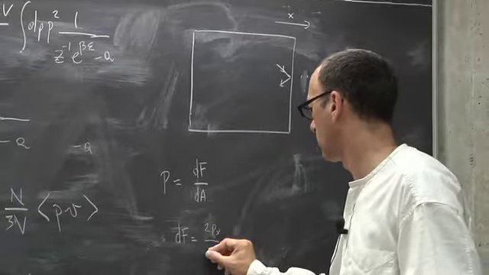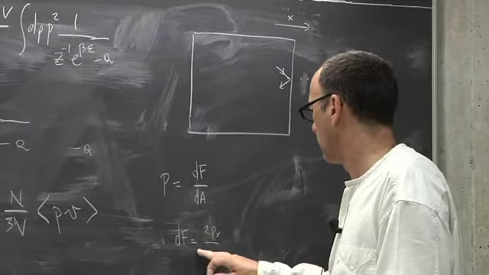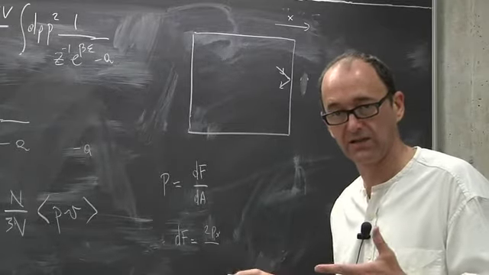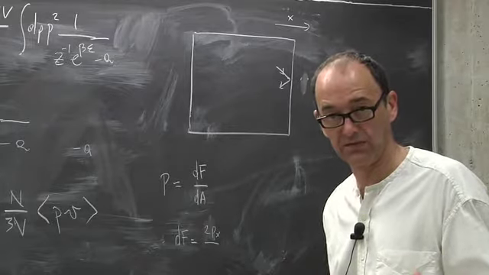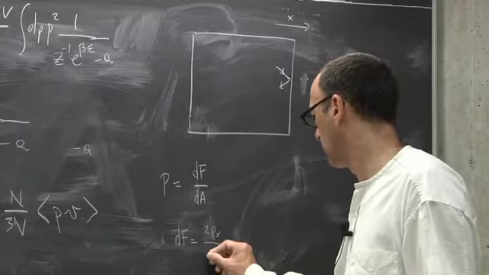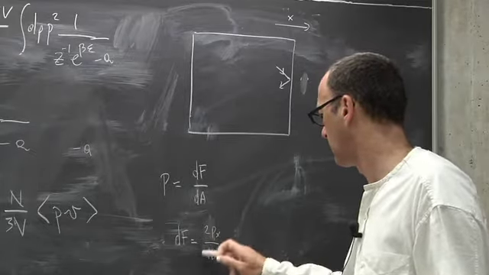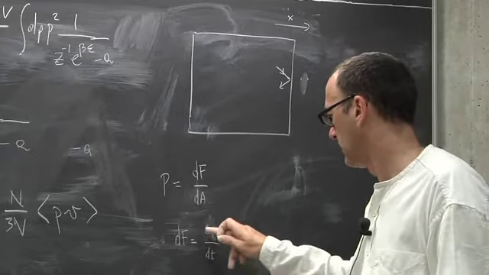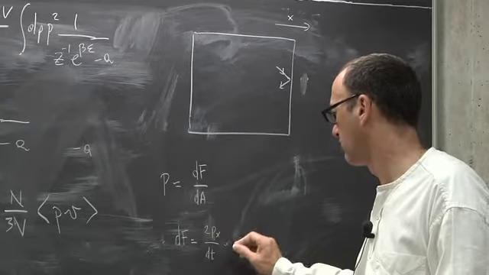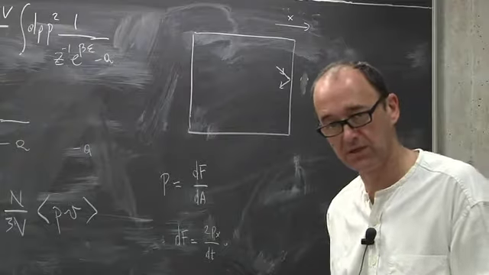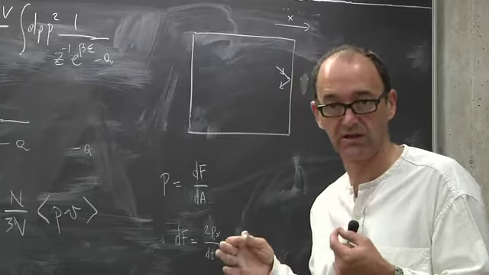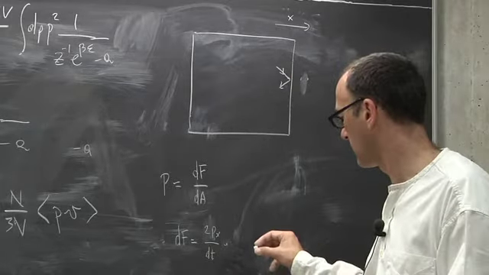Now you have to consider how many particles will hit the wall per unit time, so this is the change in time dt. This is the momentum transfer, the derivative of the momentum, and then you have to multiply this by the number of particles which hit the wall in that time interval.